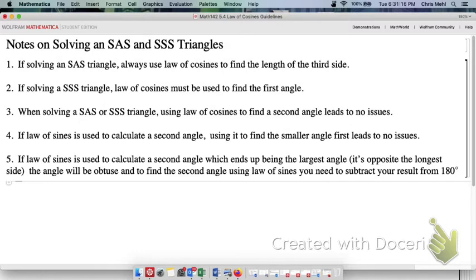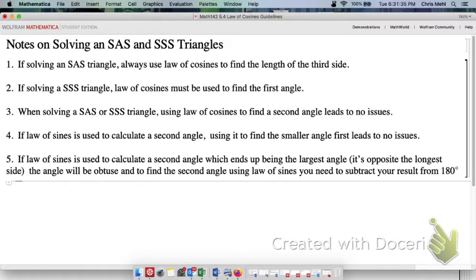Number 4, if law of sines is used to calculate a second angle, using it to find the smaller angle first will lead to no issues. Remember, in an oblique triangle, there's at most one obtuse angle.